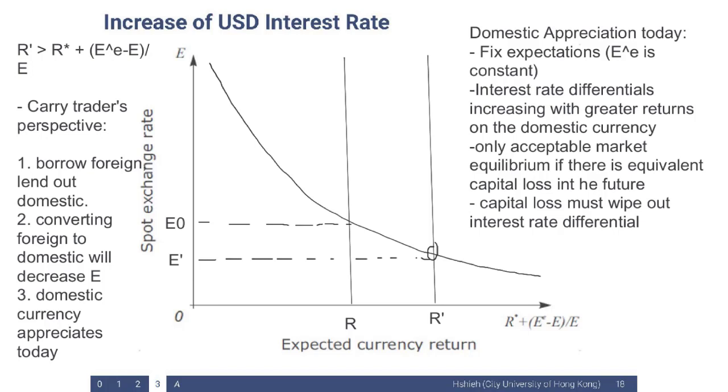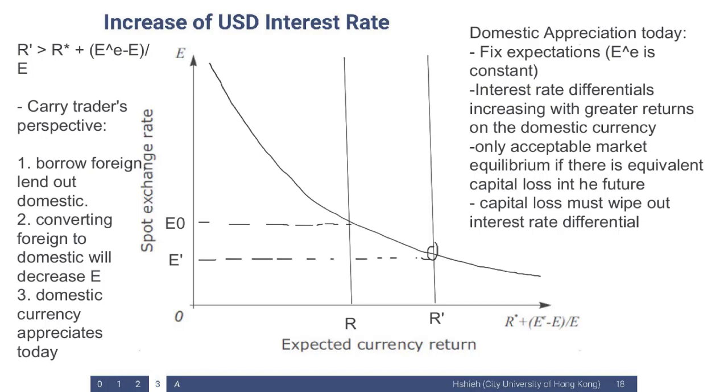All right, so just to remind you again, we're not touching expectations. It is taken solely as an external variable. We assume it's anchored. So let's just fix expectations. So that's E hat E is constant. What's going on from an equilibrium understanding?